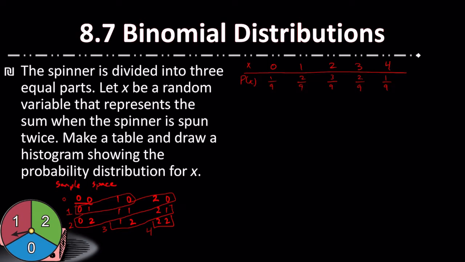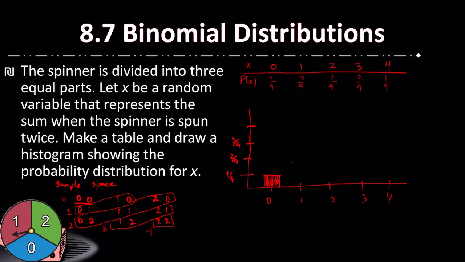So then let's make our histogram. Remember, it's a bar graph. I have 0, 1, 2, 3, 4 on the bottom. And I'm going to count by ninths. So maybe 1/9, 2/9, 3/9. Well, I guess that's all the higher I need. All right, so the 0 goes up to 1.